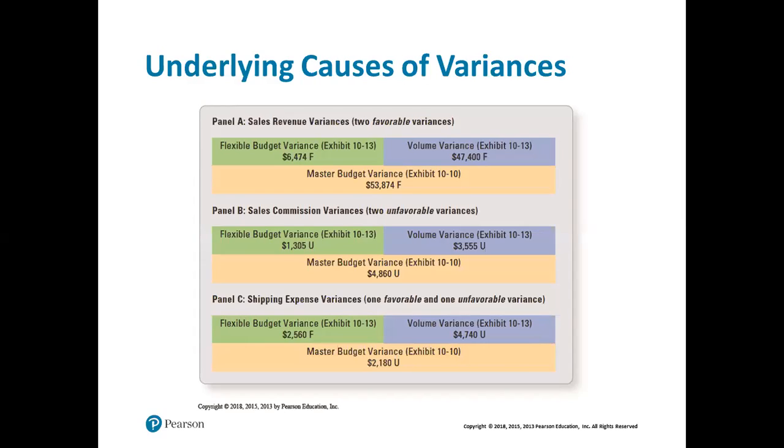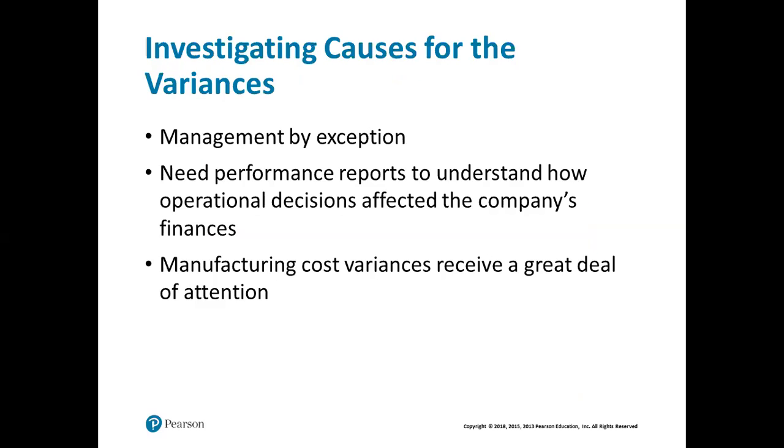How do I calculate my master budget variance? How do I calculate my sales commission variances? And how does it affect the master budget? Again, these are just more types of calculations that are not very hard, but you still need to know how to do them, and you need to know how to apply them.